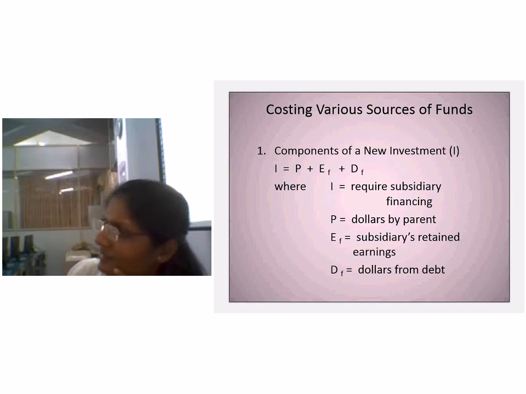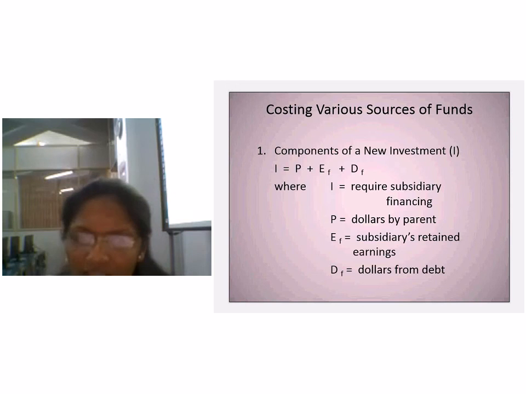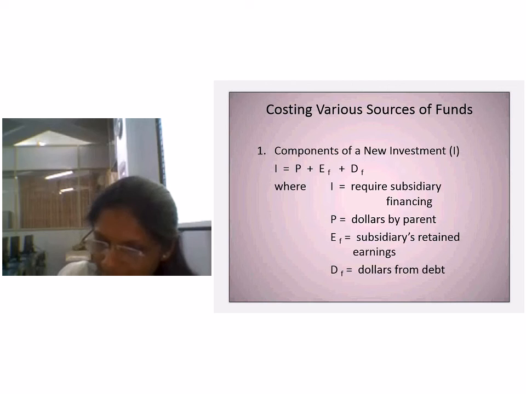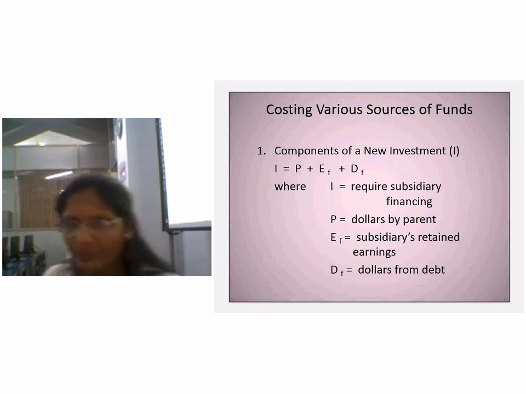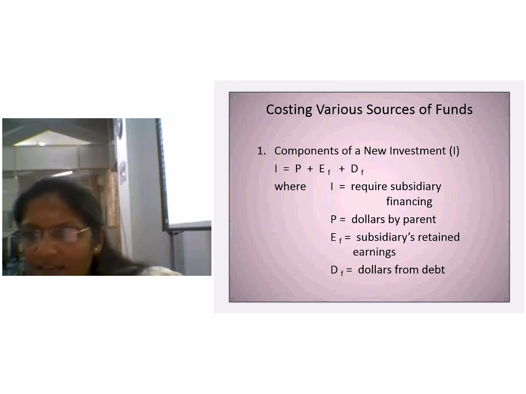The last one, dollars from debt. What is that? That is local currency borrowings by the subsidiary. If the parent company has given enough authority to the subsidiary, the subsidiary can borrow money to run the business. In that case, we have to consider the cost of that particular borrowing, or the interest, as the cost of this source.